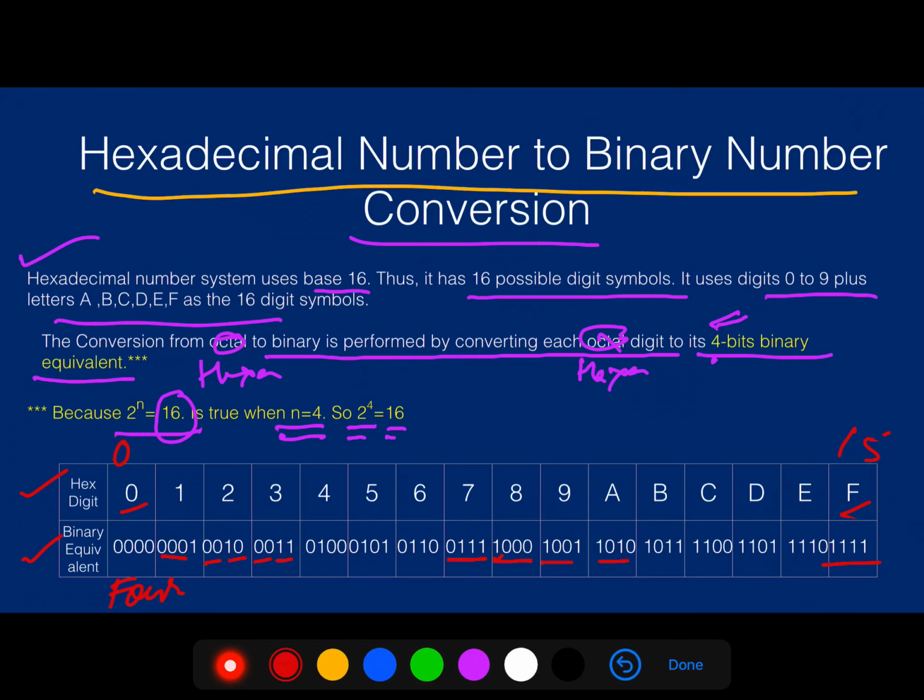When it is needed, you will have to add extra bits, that is 0, to make it complete. Let's say for 6, if you convert 6 to its binary equivalent, it comes to 110. But no, you will have to add one more 0 to make it complete, because it is a 4-bit binary equivalent. So I hope that you must be getting it.